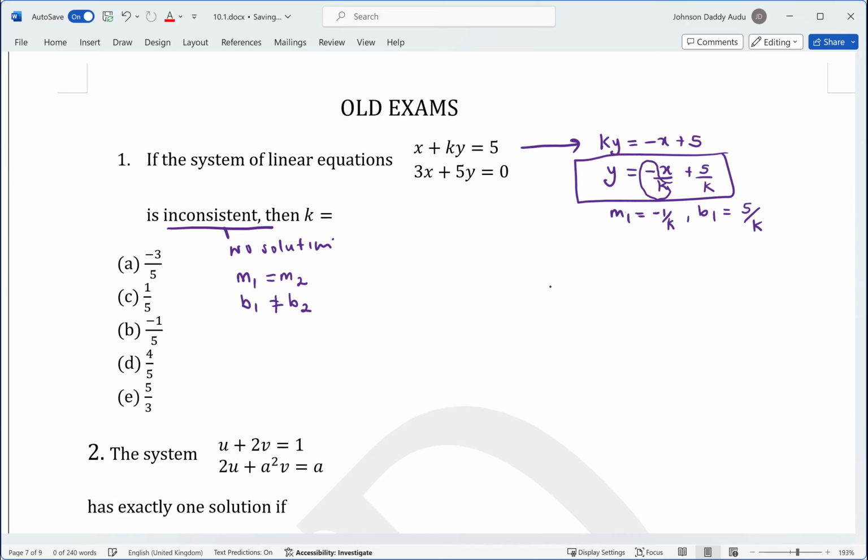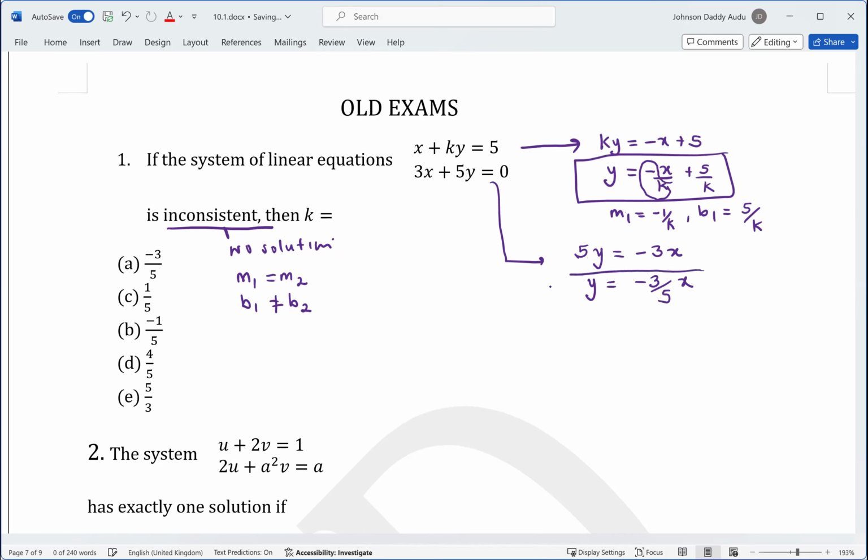Now, for the second line, which is this one, you also need to rewrite it in terms of slope-intercept form. You will see that 5y, so we have to solve for y, 5y is just going to be minus 3x. So y is minus 3 over 5 x only.